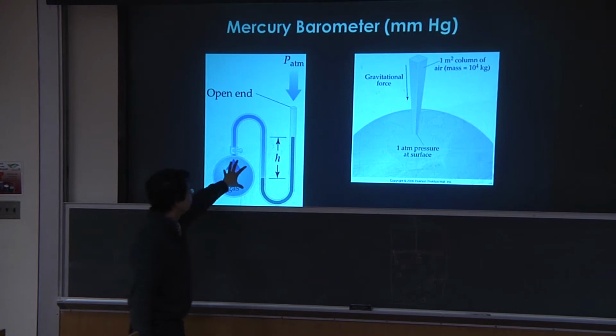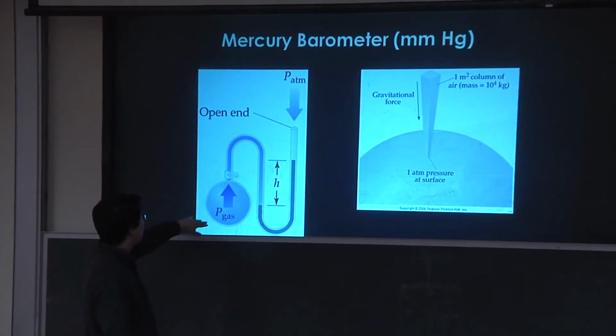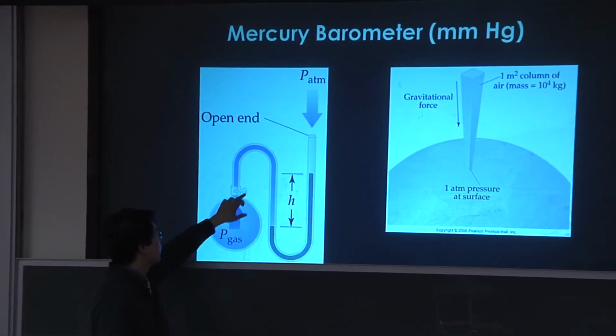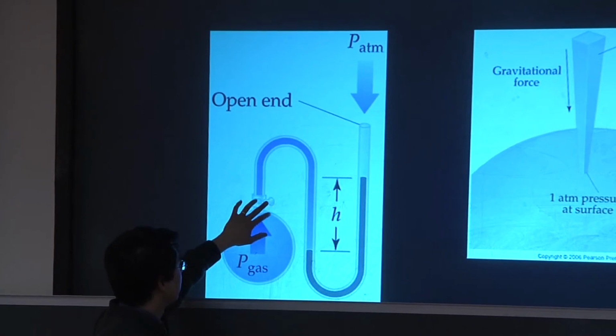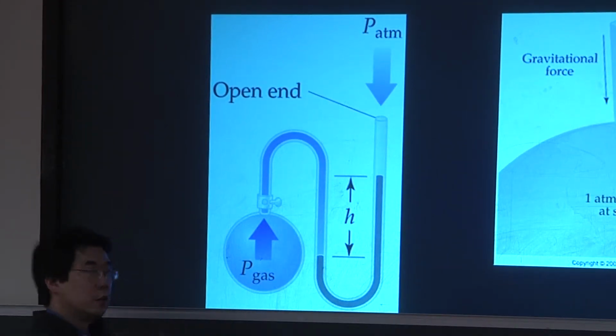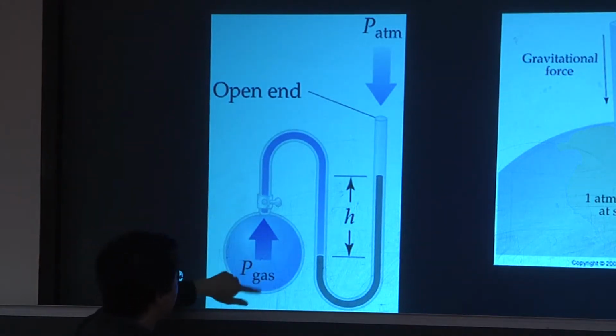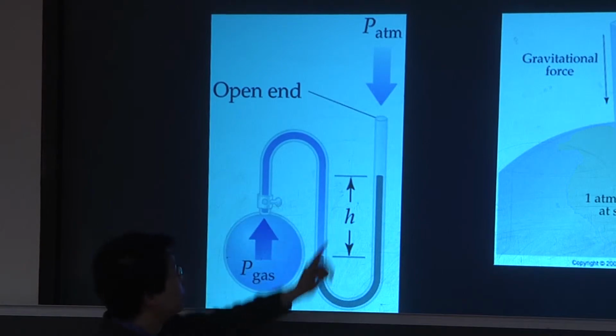what's called a U-tube manometer. This is the original U-tube. And what you have is a bulb here with a stopcock. So you can either close it, in which case the tube and the gas are separated, or you can open it so the tube and the gas are connected, and whatever gas is in here can go into the tube.